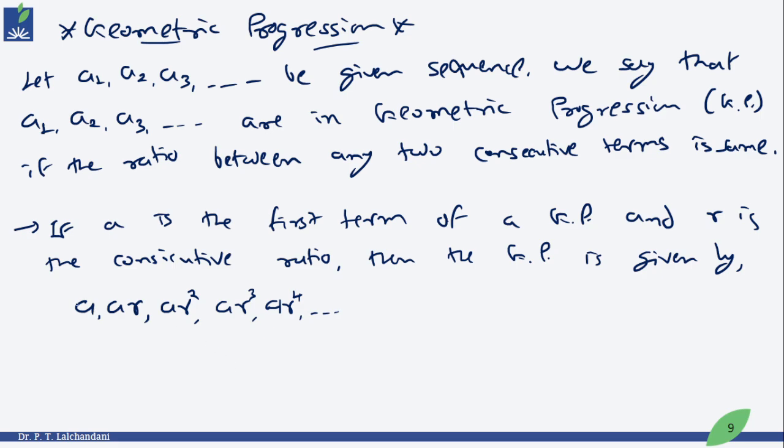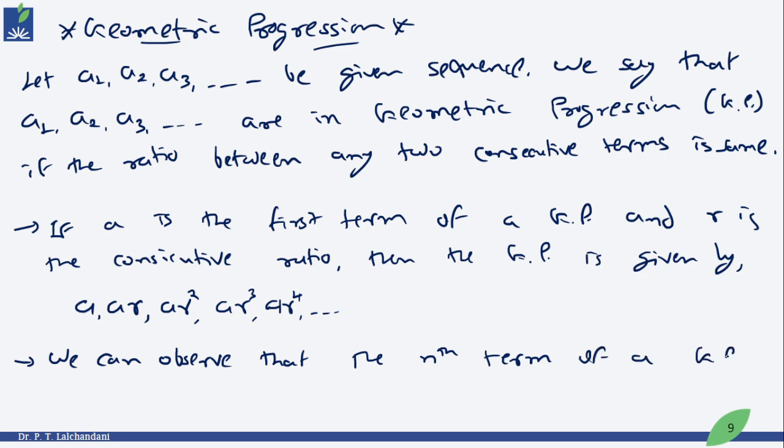Now you can observe that in the first term we are having A into R raised to 0, and something raised to 0 is 1. In the second term we are having AR raised to 1, in the third term AR square, in the fourth term AR cube and so on. So what will be the nth term? A is common in all the terms, so A will be there.